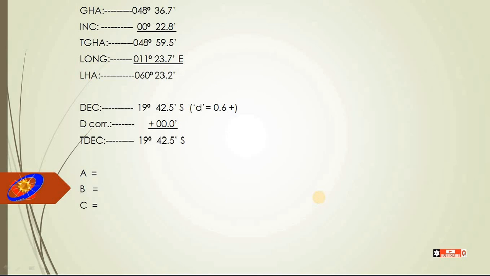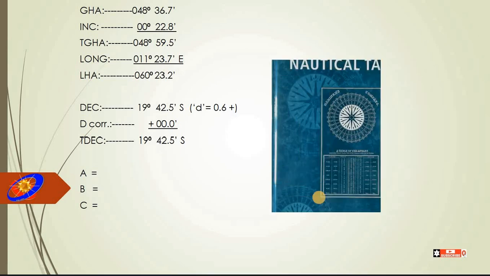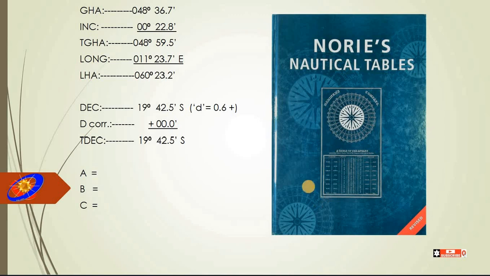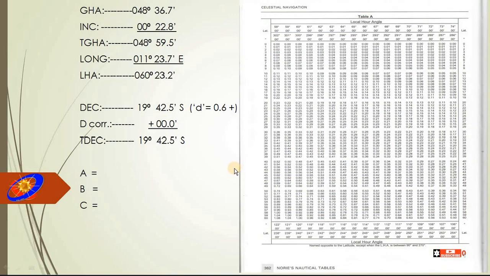Okay, so now we're going to find the value of A, B, C, and we're going to need the nearest nautical tables. First, we're going to find the value of A from table A. Yes, and this is the local hour angle.